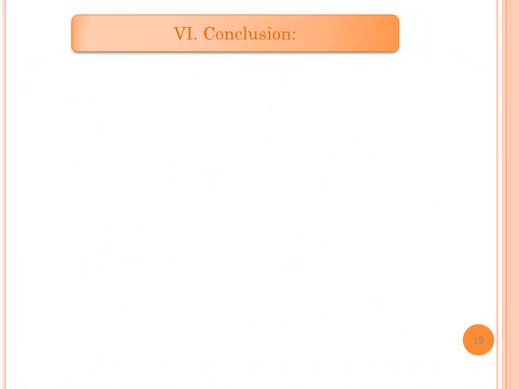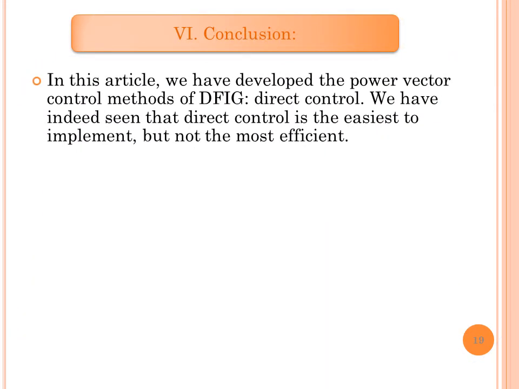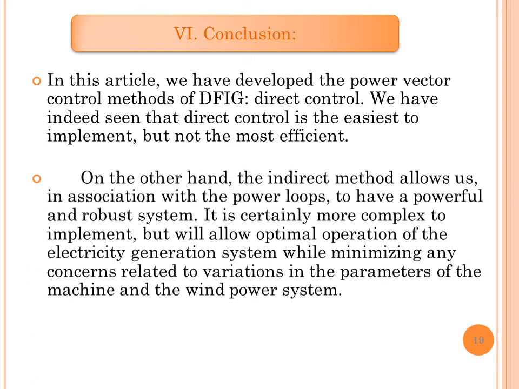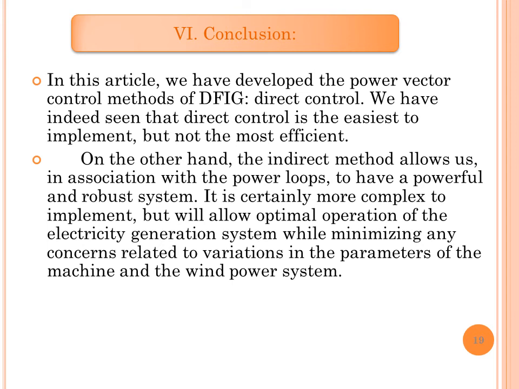At the end, we have a conclusion. In this article, we have developed the power vector control methods of the double-fed induction generator. First method, the direct control. We have indeed seen that direct control is the easiest to implement, but not the most efficient.